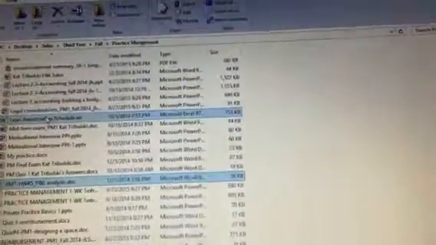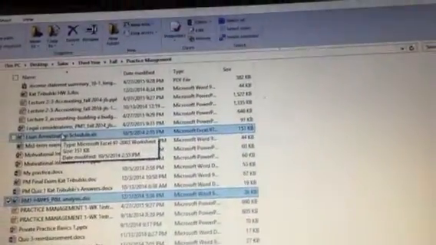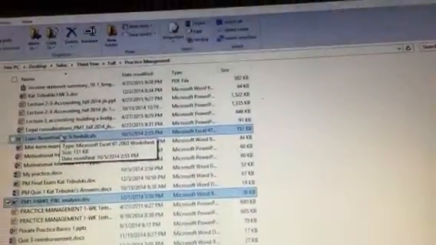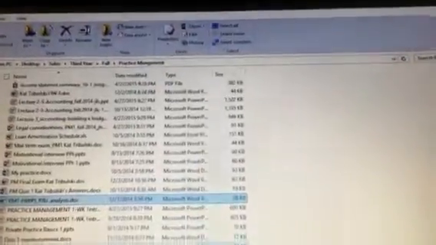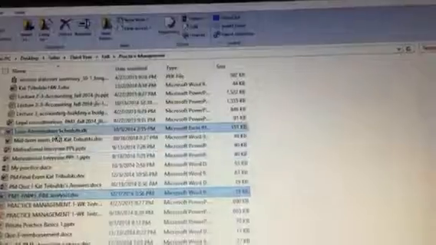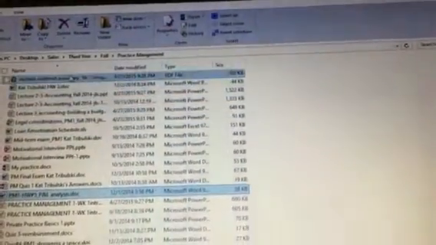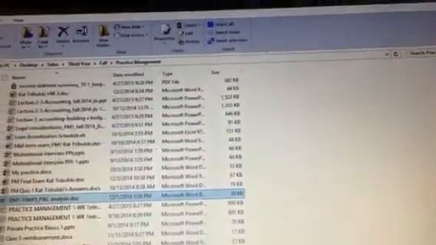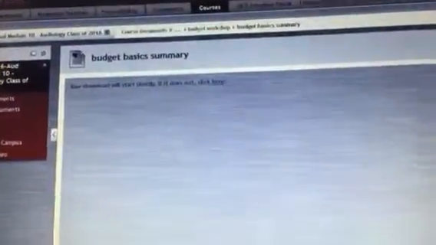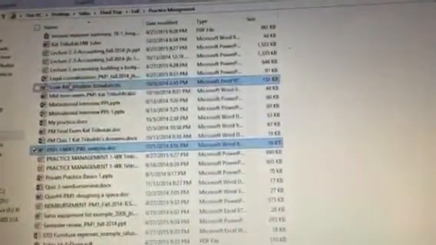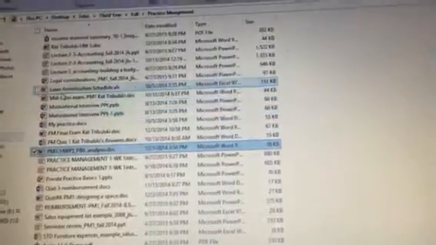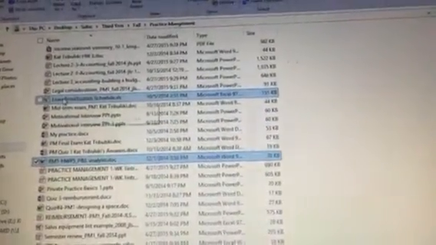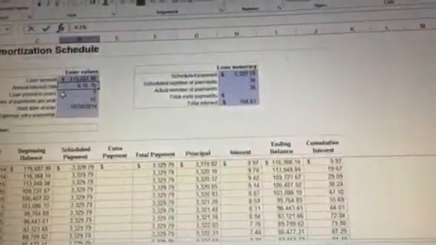The other problem is I've named everything amortization in here, which probably isn't helpful, because it took us forever to figure out that the amortization thing wasn't going to copy and paste correctly. So actually, let me just go to practice management 2 because that might be much easier to open. Let me open this again. Is that what I just had?